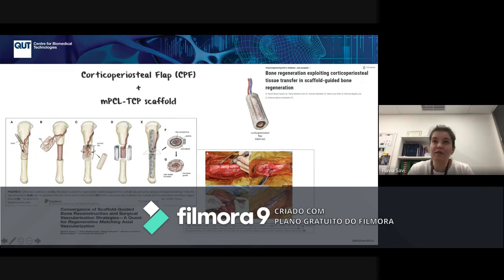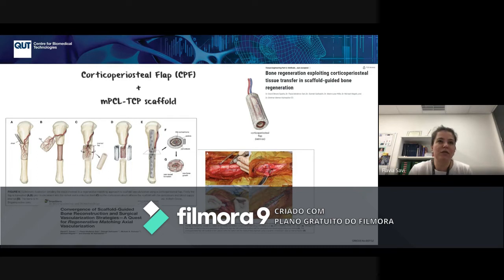Okay. So in this cortical periosteal flap, in figure A, we are showing how we harvested the flap. On figure B, you can see the flap there, right? This is the flap, so it's a little bit of a piece of bone, and then you have the vascularization connected with this flap. So this piece of tissue is alive. And then they inverted the flap so it would fit inside of the scaffold.